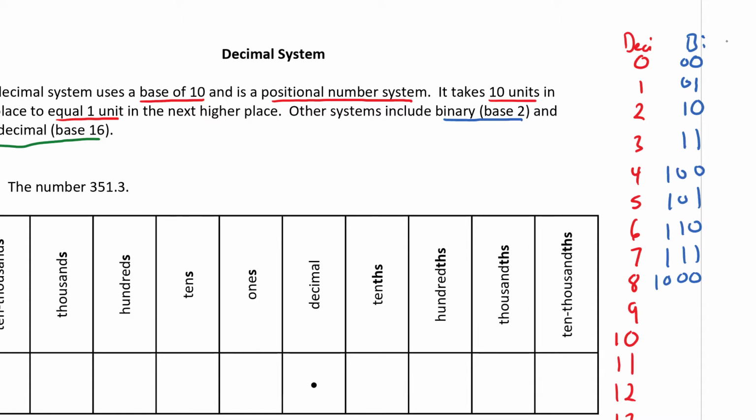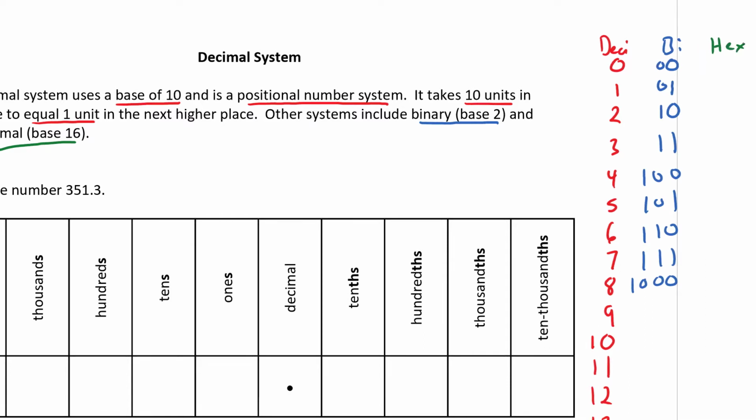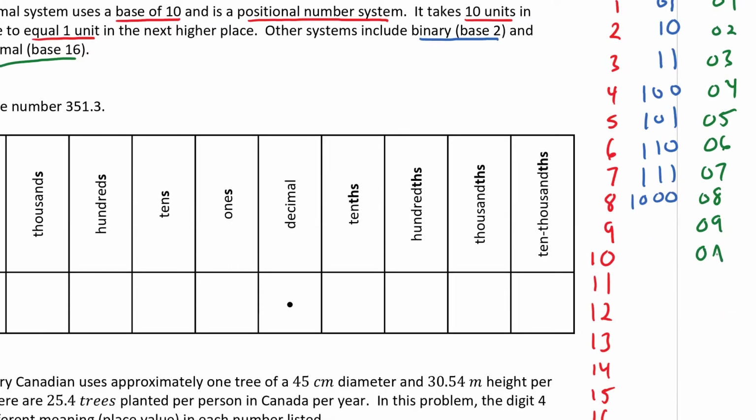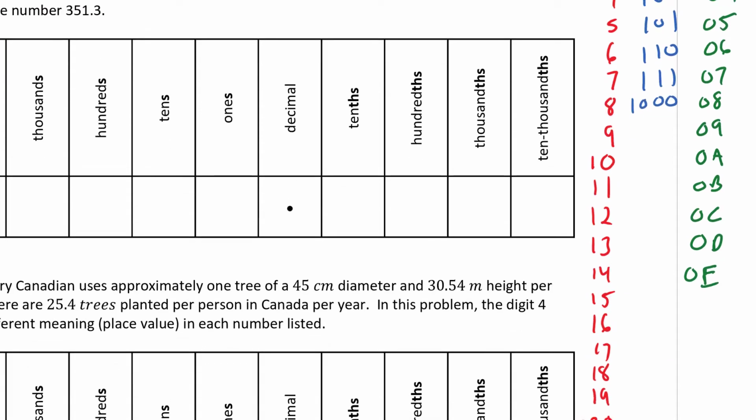We then have hexadecimal. It's even crazier. Here we start off at 00, 01, 02, 3. So initially it starts off the same. When we get to 10, however, A, B, C, D, E, F. Now we've done 16 individual numbers.